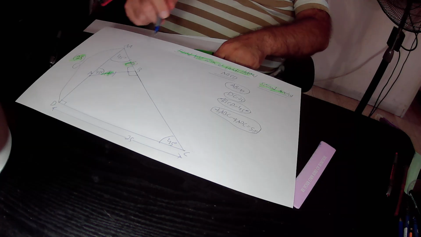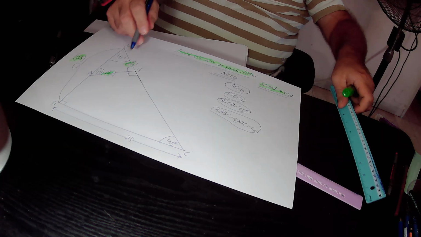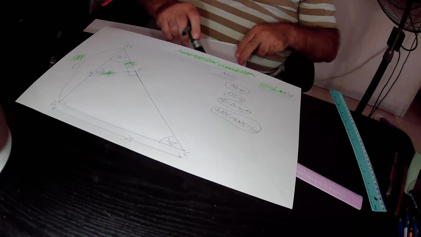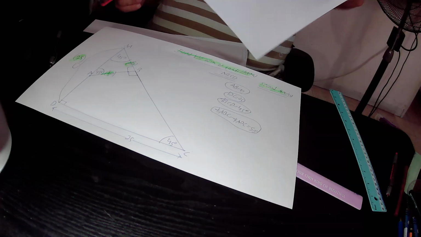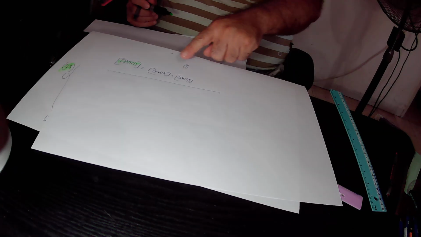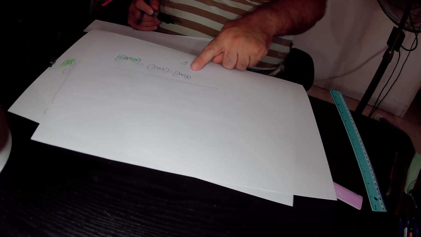In total, the area of this quadrilateral ABCD must be equal to the area of the big right triangle MDC minus the area of the small right triangle MBA.